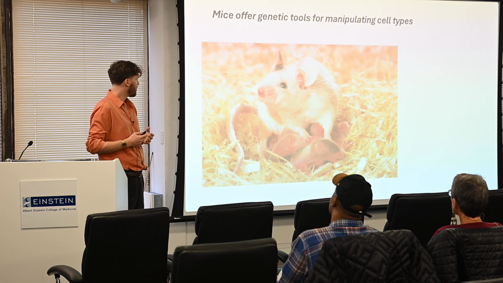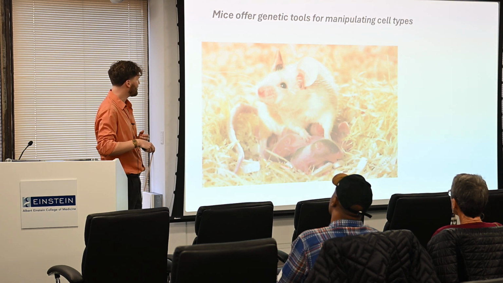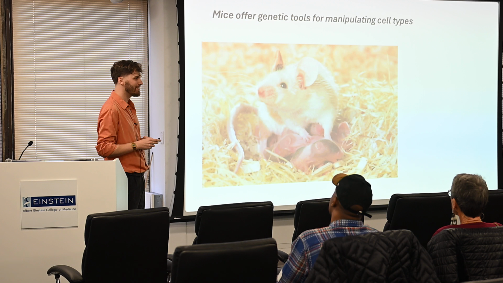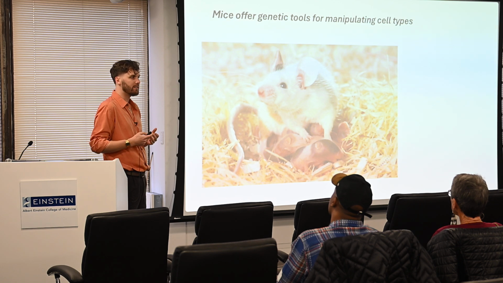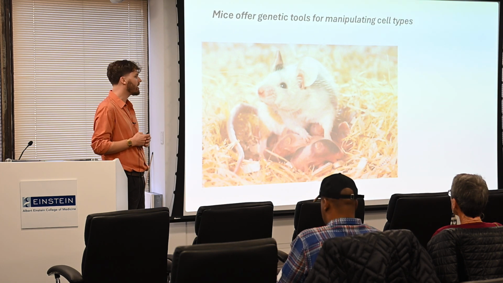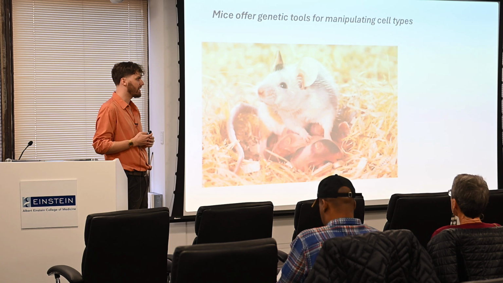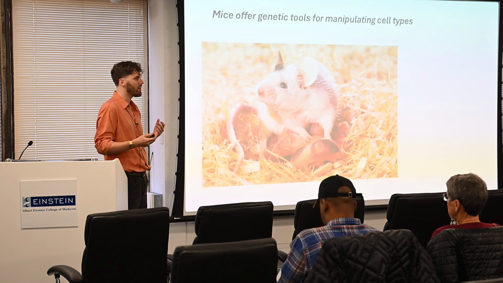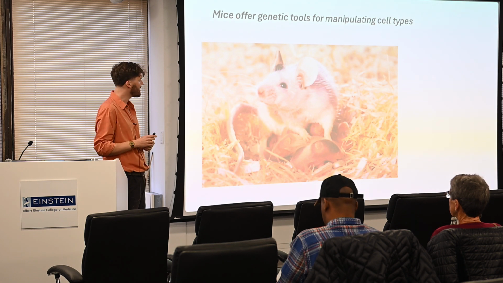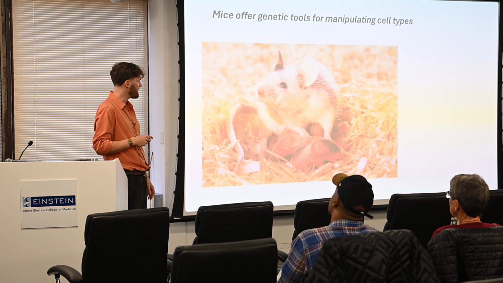And in order to study this, we use our good friend the mouse. We use him for a few reasons. These cells were largely understudied when we first began this project, because there weren't really very good tools to target, manipulate and better understand these cells.